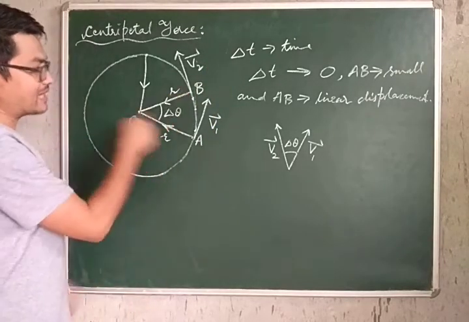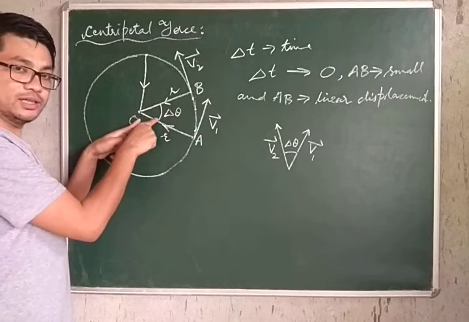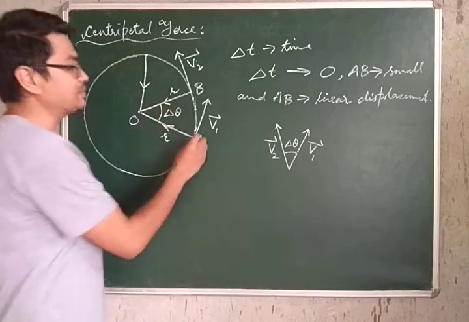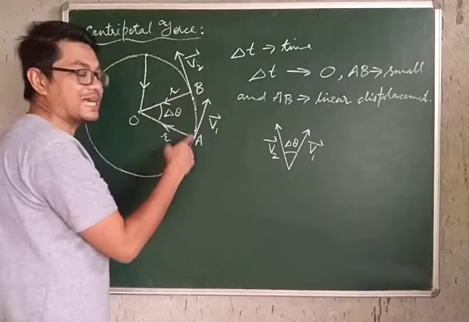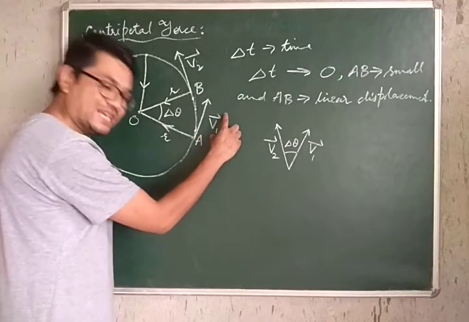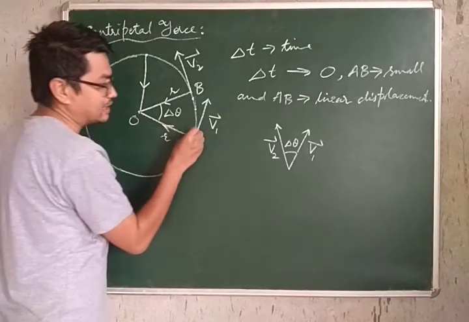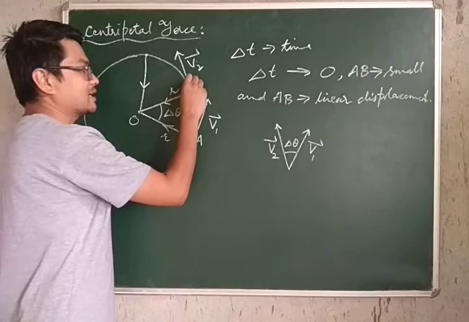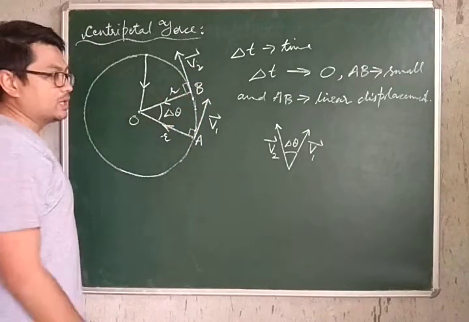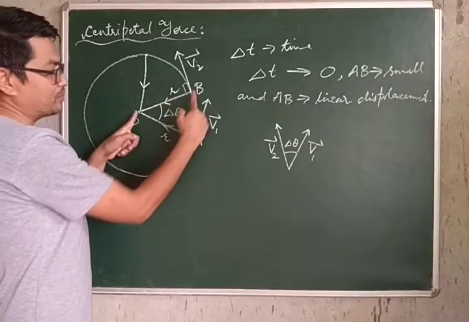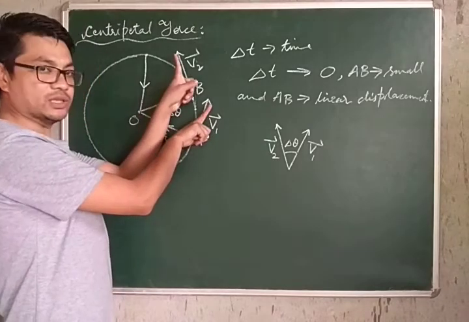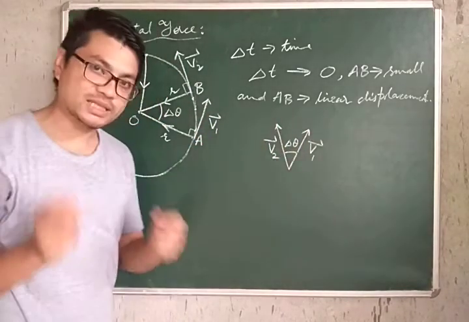Now, whatever is the angle between two straight lines, the angle between the perpendiculars to those lines will also be the same. Since v1 is the tangent to OA, this angle is 90 degrees. Likewise, this angle is 90 degrees since v2 is the tangent to OB. So, whatever is the angle between OB and OA, the angle between their perpendiculars will also be the same. You need to remember this.